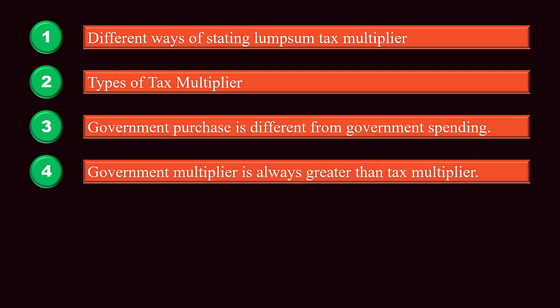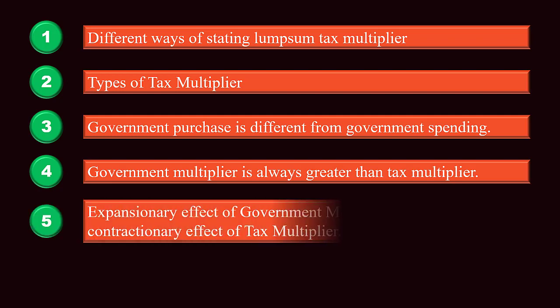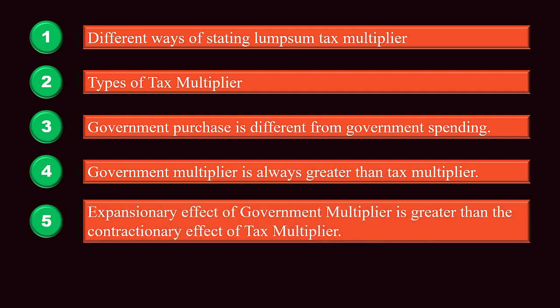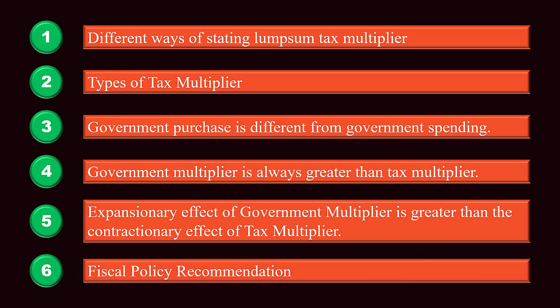Fourth part will show how government multiplier is always greater than tax multiplier. Fifth part will prove how the expansionary effect of government multiplier is greater than the contractionary effect of tax multiplier. And the sixth part suggests a fiscal policy.